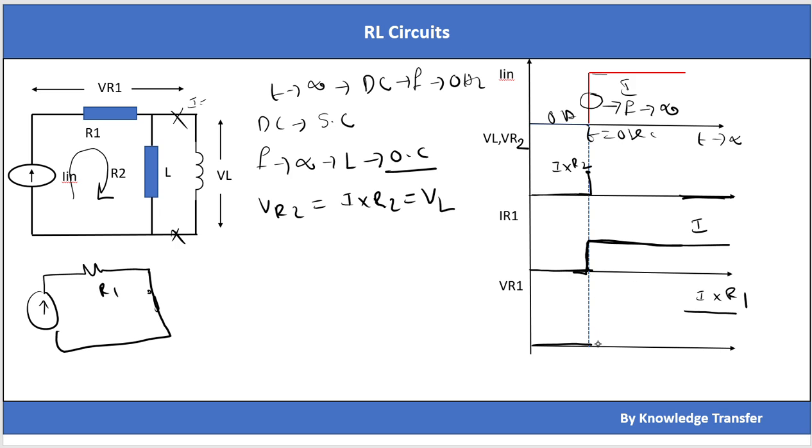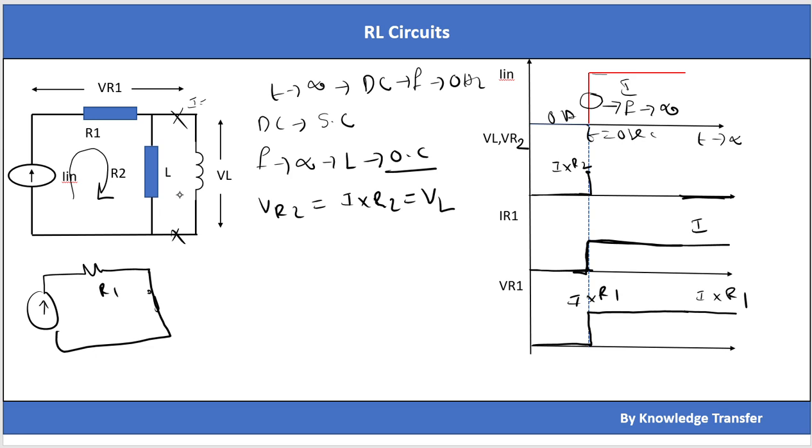So VR1 is I into R1. Why? Because from t equal to 0 to infinity, all the current should flow through R1 only. So from t equal to 0 seconds to infinity, the voltage across R1 is equal to I into R1 only.